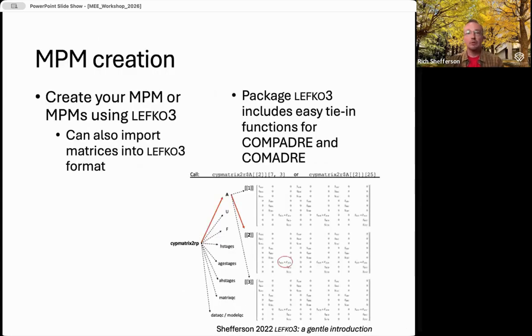Okay, so just to start off with NPM creation, ADAPT3 relies on LEFCO3. You don't have to create matrices in LEFCO3 in order to run ADAPT3, but you have to at least import whatever you've got. For those of you who have interacted, for example, with the Compadre and Comadre databases, there are functions within LEFCO3 that will allow you to import directly from those databases, whether you are online and doing it that way or whether you've downloaded your own version, both work.